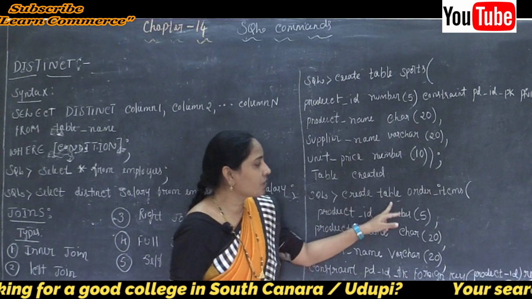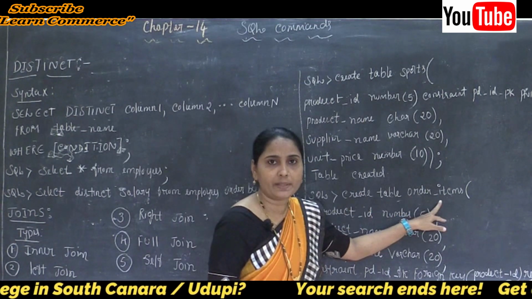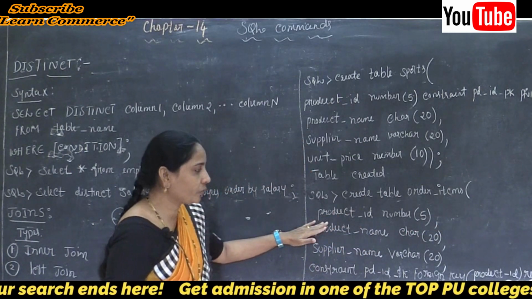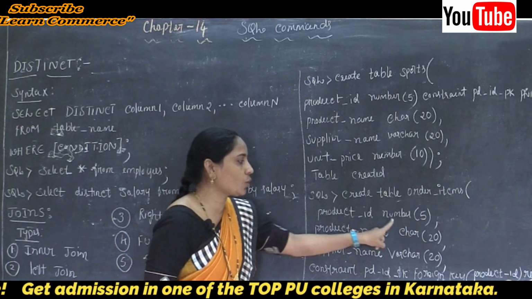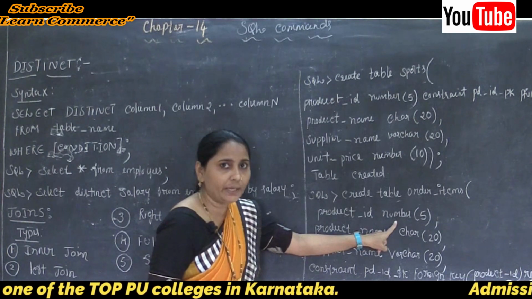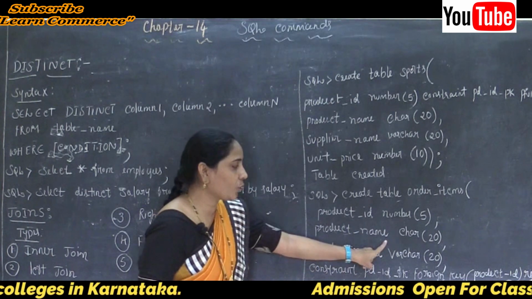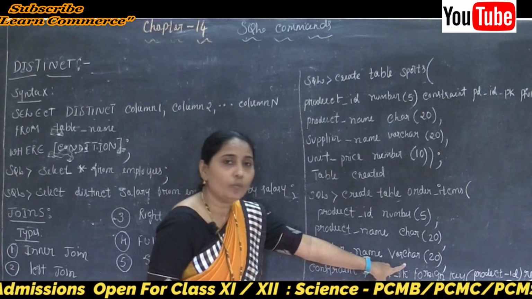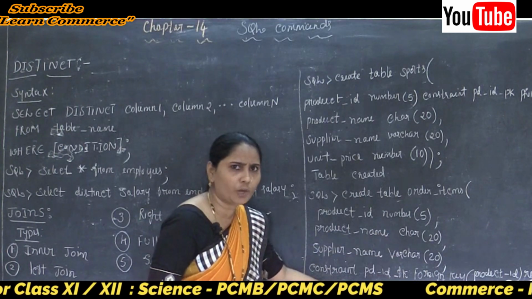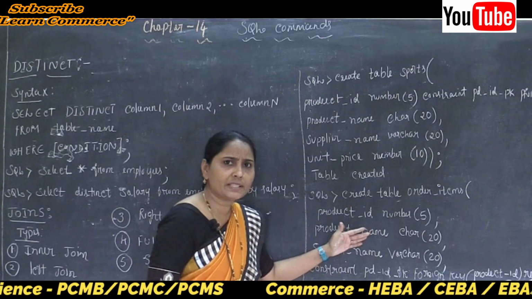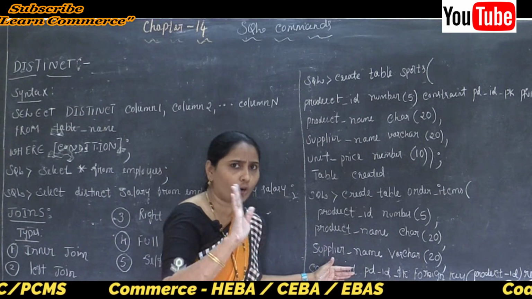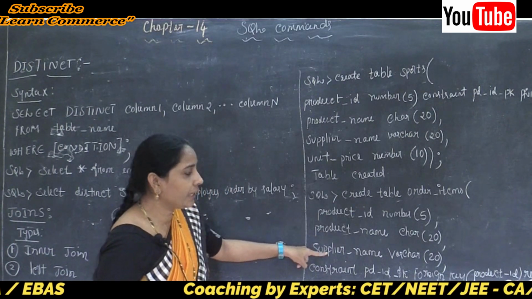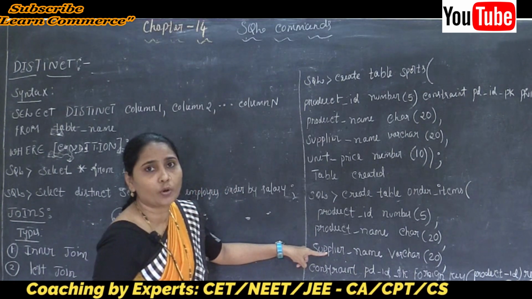So create table, but the table name is order_item, and it also has some columns: product_ID number 5, comma product_name char 20, supplier_name varchar 20. If you want many columns you can use them one by one, but in this example I used only 3 columns in order_item.